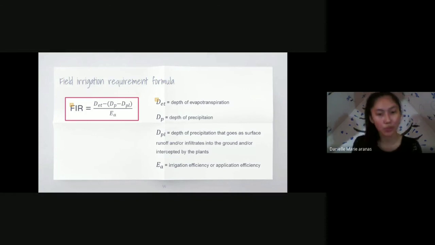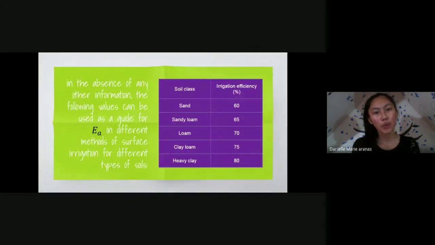And we're going to divide it by the irrigation efficiency or the application efficiency. If there is an absence of irrigation efficiency data, the following values can be used as a guide for different methods of surface irrigation for different types of soils. We have here the sand, the sandy loam, clay loam, and heavy clay.